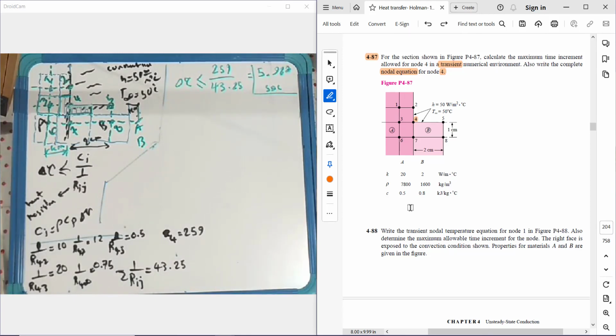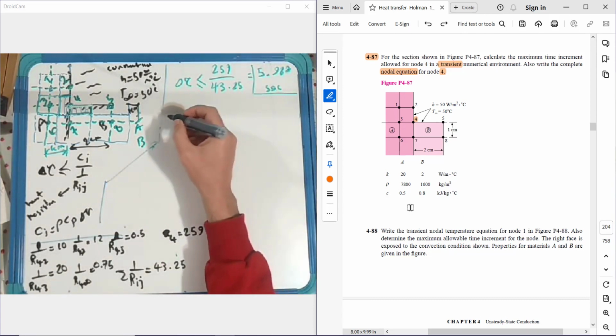Another time I will write the formula, the nodal equation, the transient equation here for you.